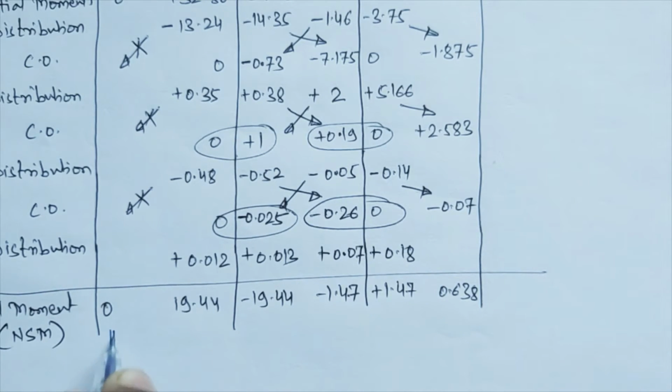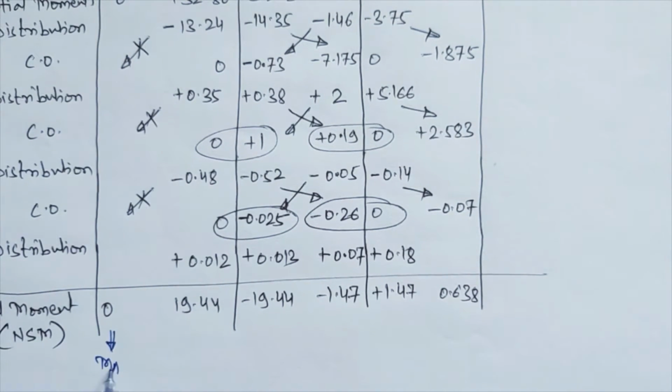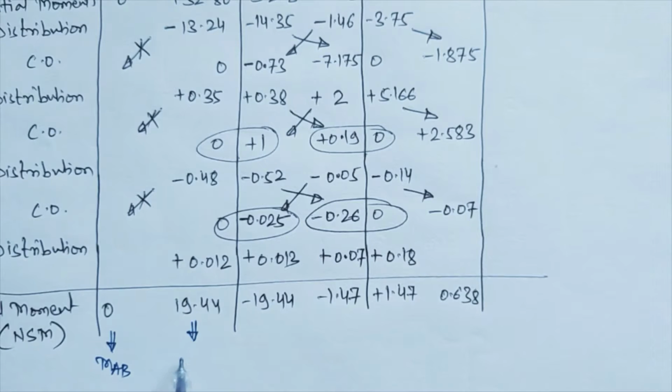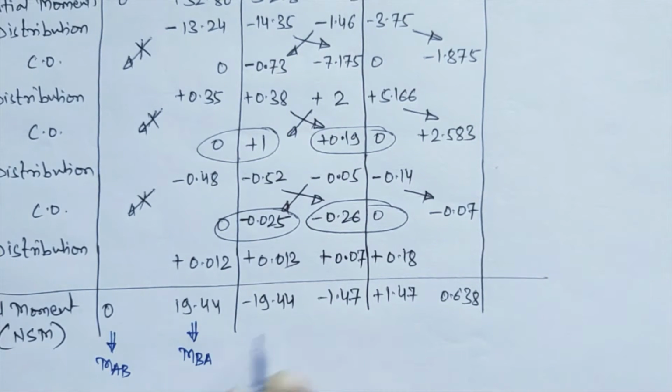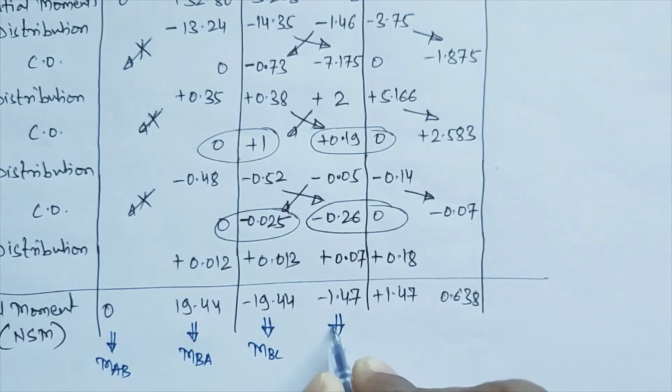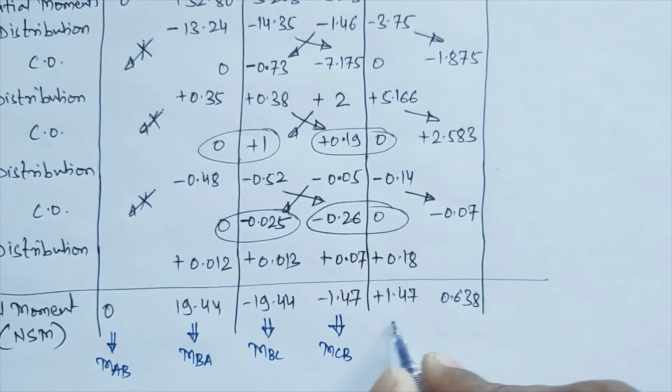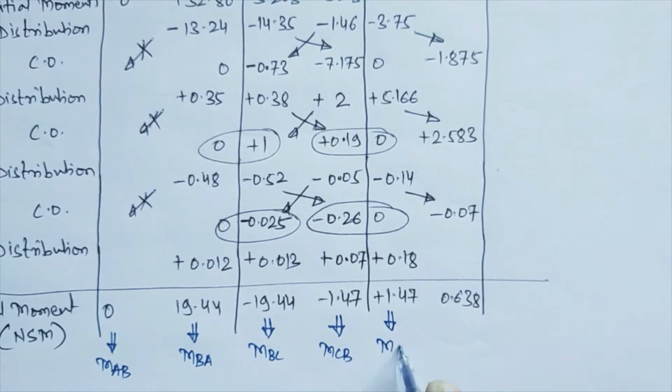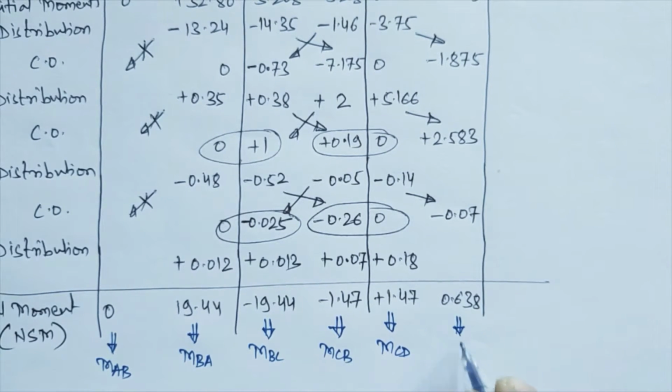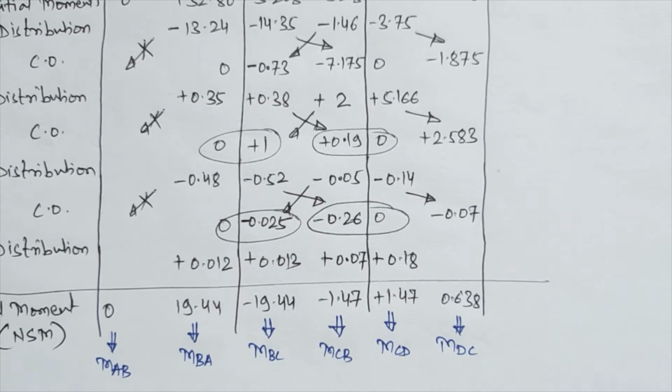These are your non-sway moments, that is MAB, MBA, MBC, MCB, MCD, and this last is your MDC. So this analysis you have to carry out, that is the non-sway analysis, same as your previous numericals.